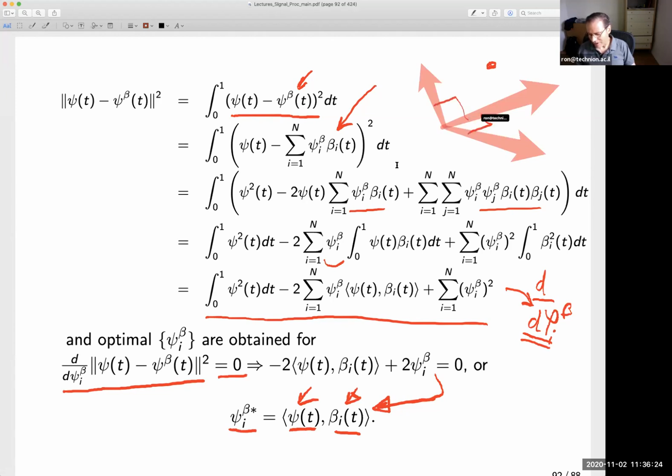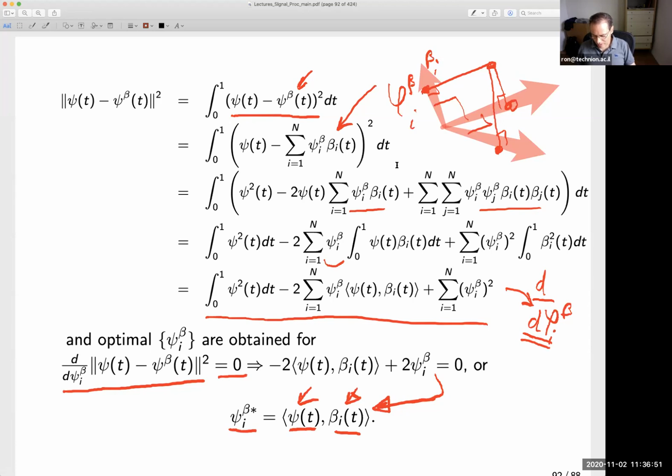Okay, which means that all I do is project my function onto these betas, and I get my coordinate. So these all would be 90 degrees, and what I get is my coordinates, which are my psi beta I. So this would be beta I.